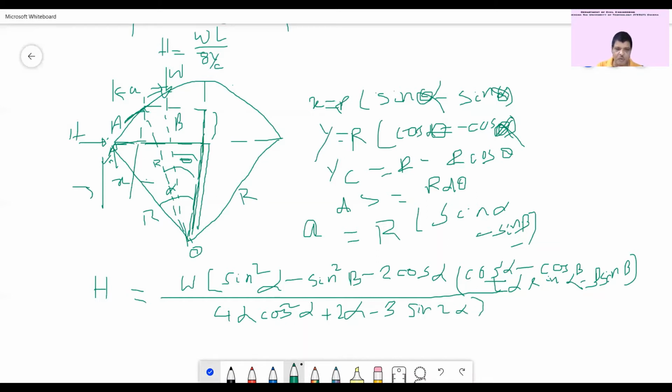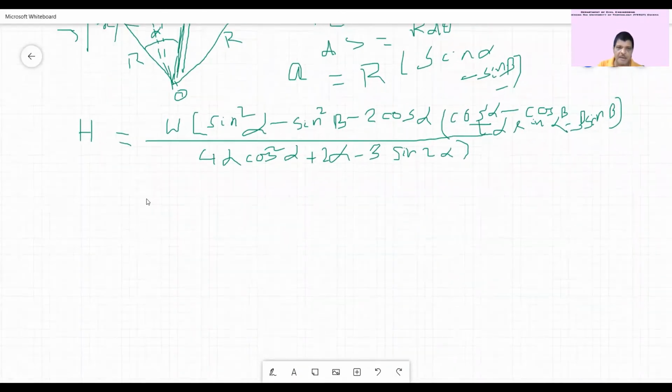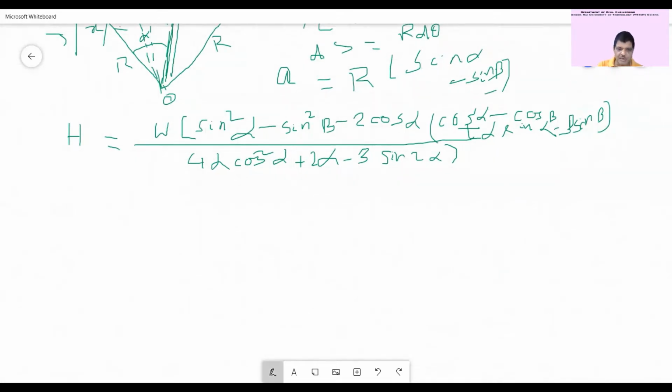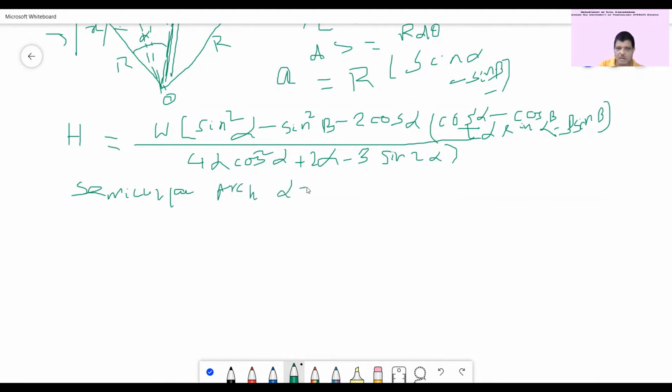Now here we put the condition for semicircular arcs. What will happen for semicircular arcs? For semicircular arcs, alpha is equal to pi by 2, that is 90 degrees.